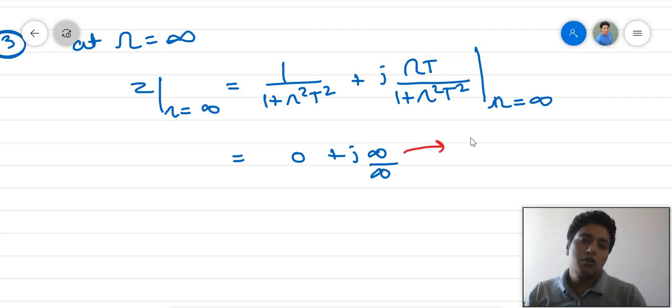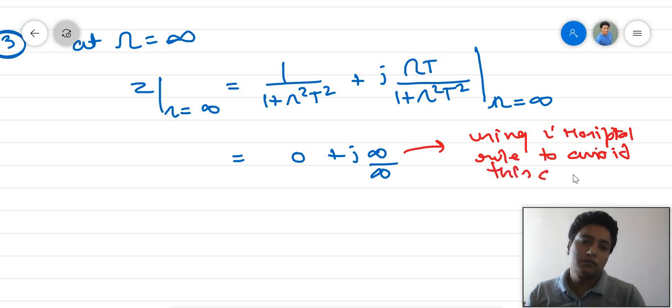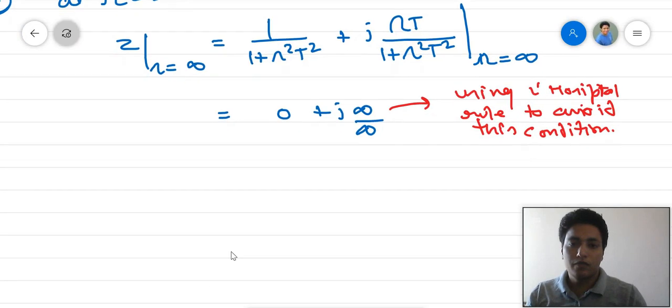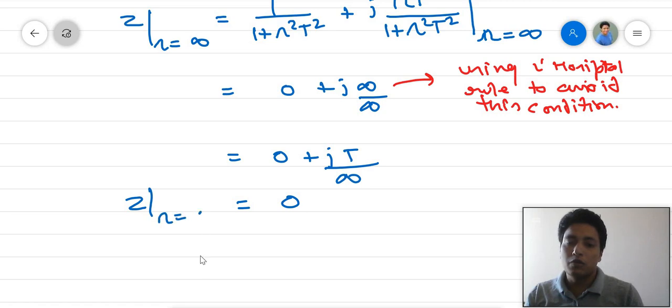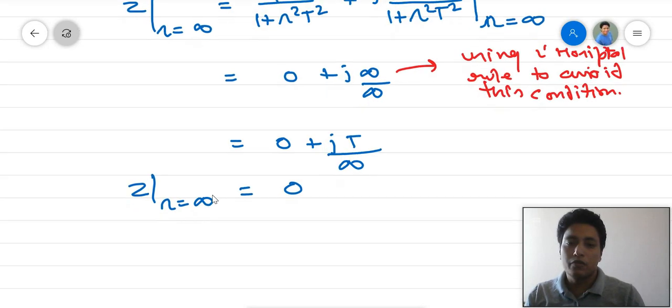So using L'Hospital's rule to avoid this condition, it will give 0 plus j T by infinity, which is equal to 0. So that is z at omega equal to infinity is equal to 0.